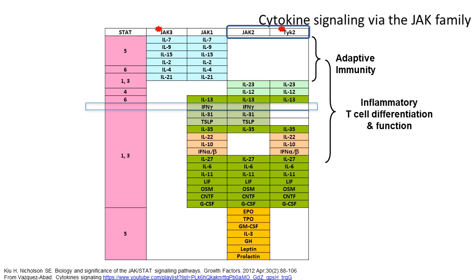So, interferon gamma is another driver of the Th1 differentiation. And with the example that I had just been talking about, an inhibitor of JAK3 and TYK2 would actually allow interferon still to signal.